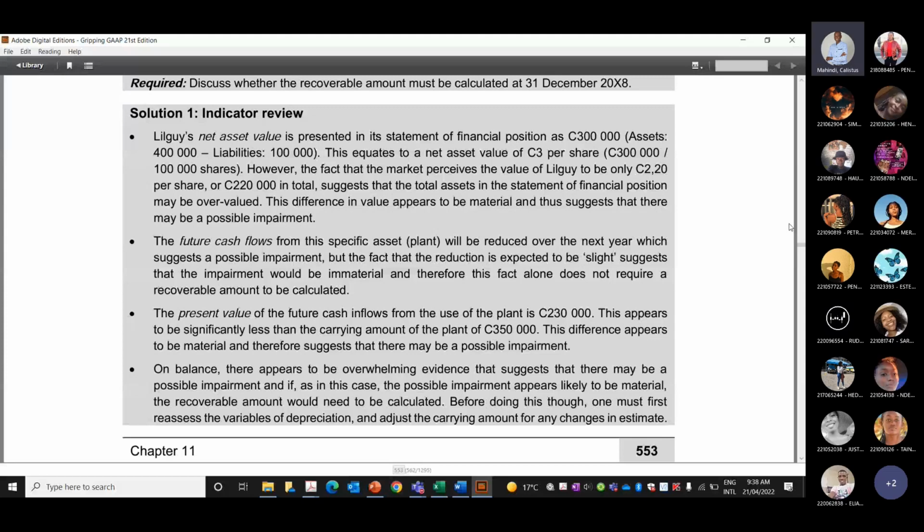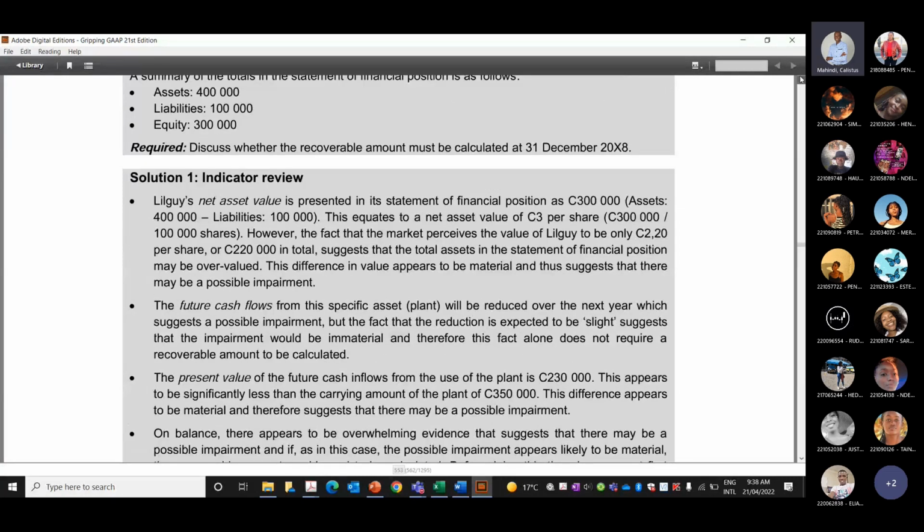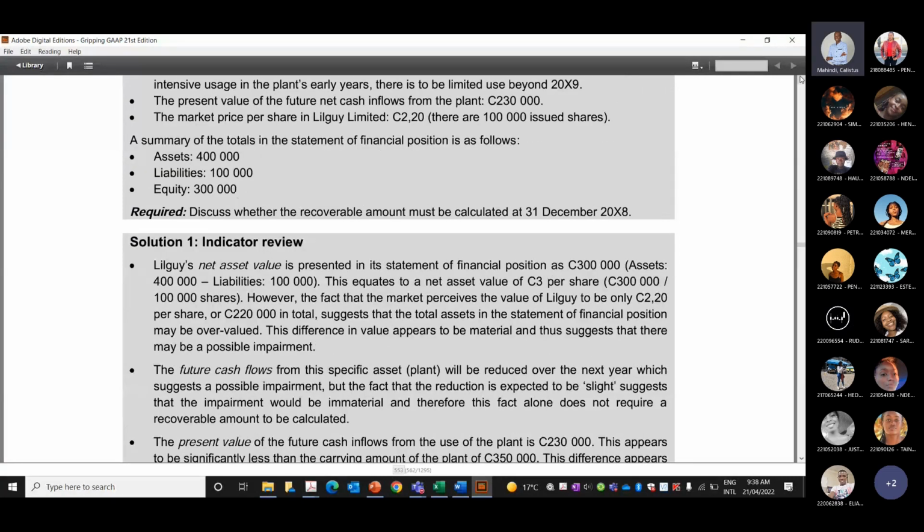Let us look at the next bullet, where we're looking at the present value of cash flows. It gives us a present value of cash flows to be expected at 230,000.